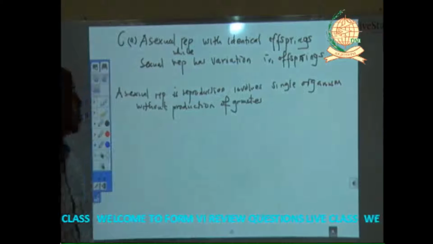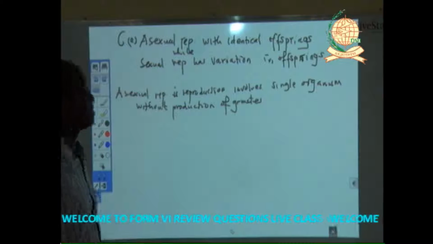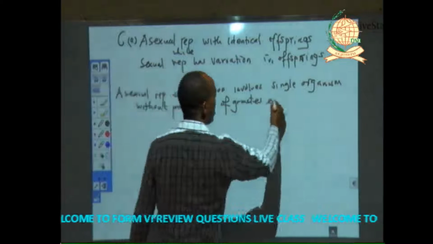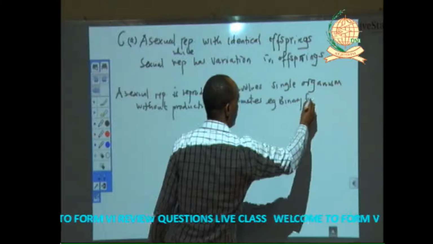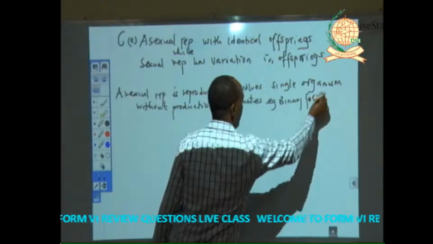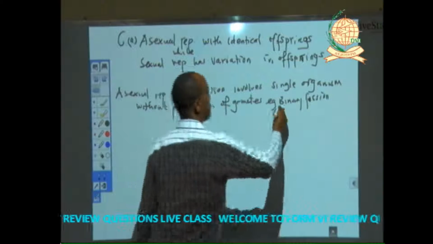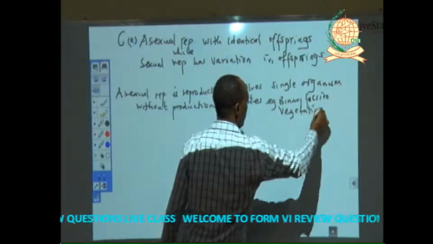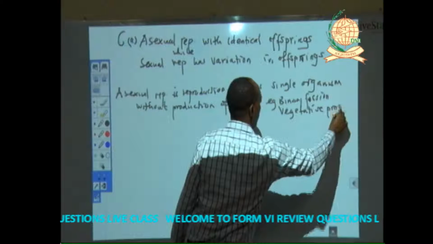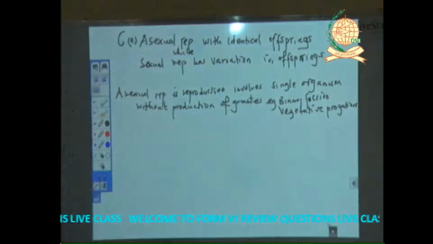It does not produce gametes. It involves a single organism. Examples are binary fission and vegetative propagation.